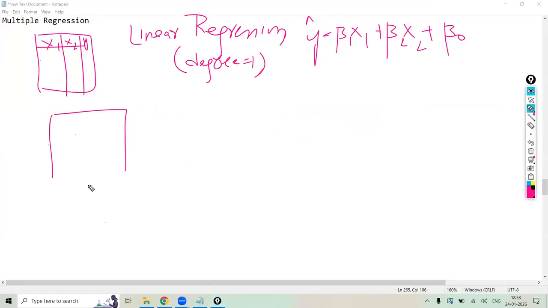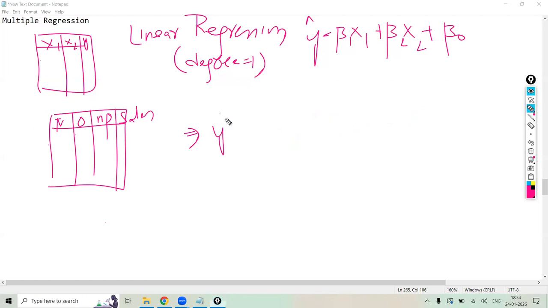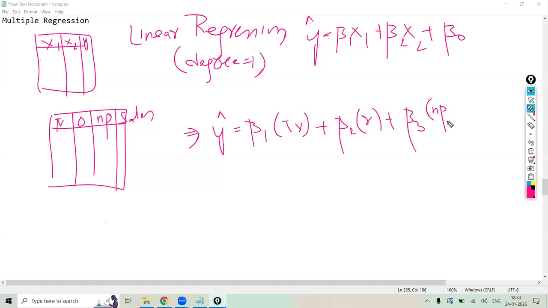Now, I'll write the column names clearly: TV, radio, newspaper, and the output is sales. Now, everyone can tell me the equation for this. What is the equation? Y hat is equal to, linear regression only, within linear, not even non-linear, just linear: beta 1 into TV, beta 2 into radio, beta 3 into newspaper plus beta naught.